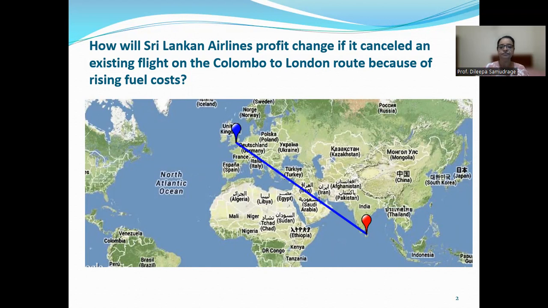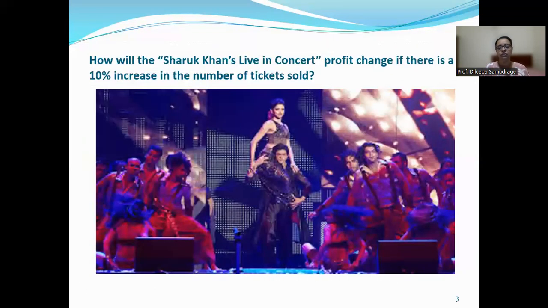Then the next one. You can imagine any concert, right? What will happen to a particular concert or any event if there is a 10% increase in the number of tickets sold? You plan that you want to sell only 1,000 tickets, but there may be high demand for that concert, a 10% increase.